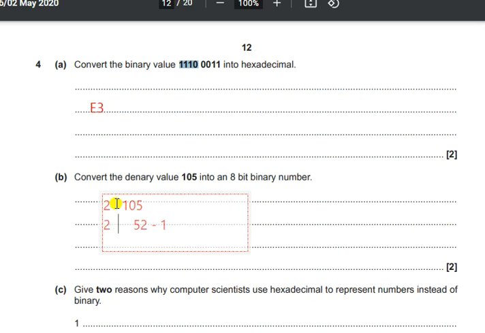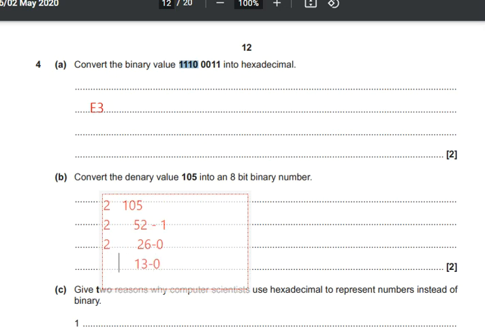When we divide 52 by 2, 2 26s are 52, so we don't have a remainder here, and then we will divide 26 by 2. We are going to get 13 and there is going to be no remainder.